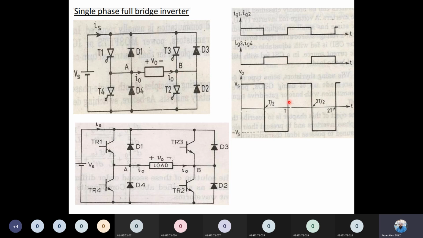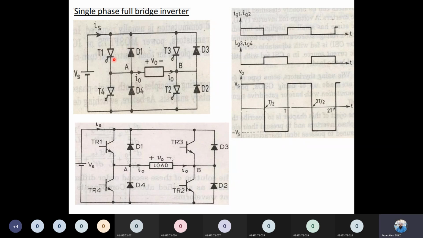So this is again this step wave. The difference between this one and the previous one is that this is the full bridge inverter. Always remember that in the full bridge inverter, we use 4 control switches.